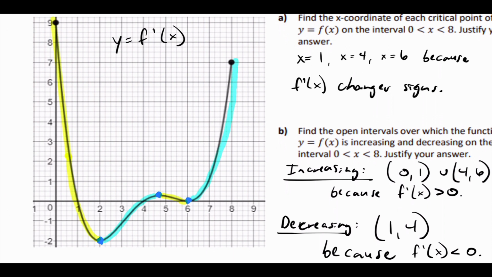So concave down, it looks like from 0 to 2 and 4.75 to 6.